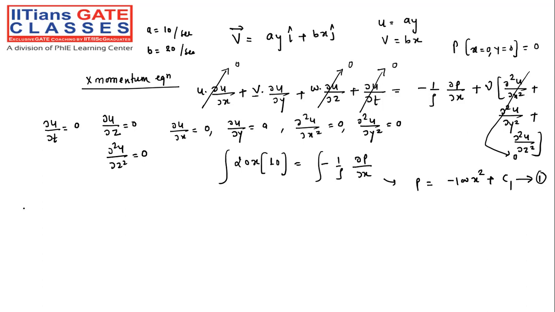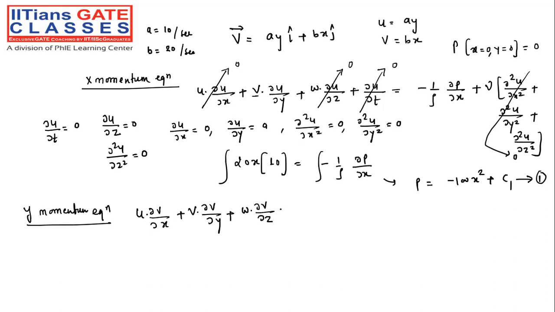Right? Now again, you are going to write the y momentum equation. You do not bother about the z momentum equation because we are dealing with the two-dimensional flow field, right? So the y momentum equation, if you just use it, what you are going to get? U into dou v by dou x plus v into dou u by dou y plus omega into dou v by dou z plus dou v by dou t.